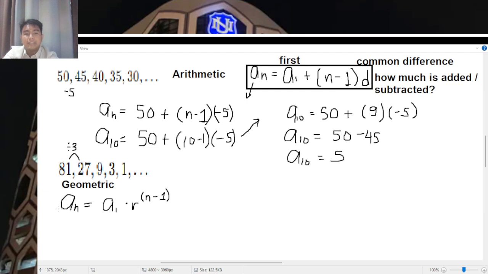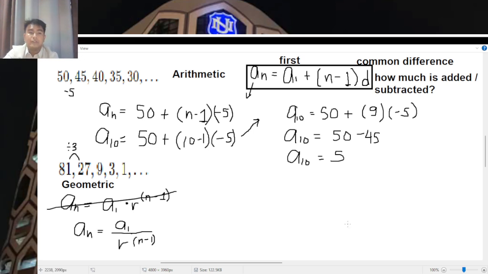So if it's going to be a division sequence, it's being decreased because of division, we're going to have to change the operation here. Instead of multiplication, it's going to be a1 divided by r to the n minus 1. It's going to look like that.